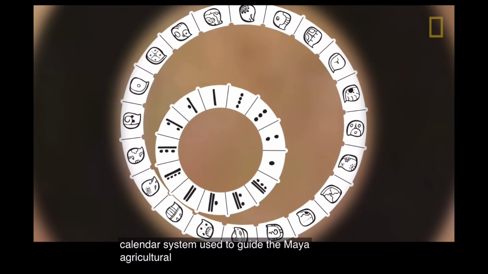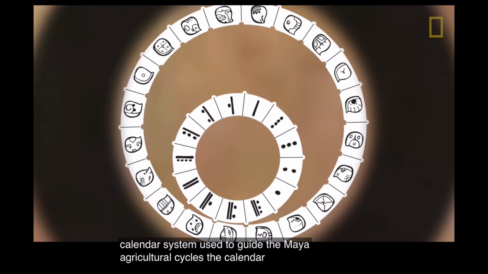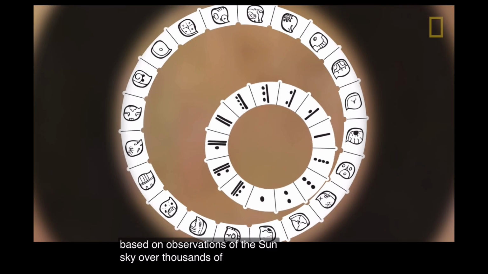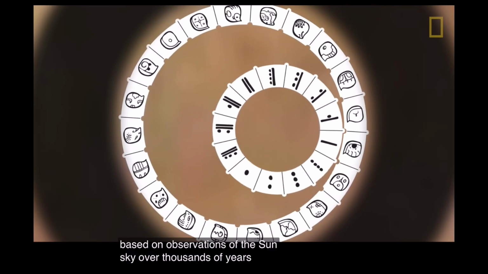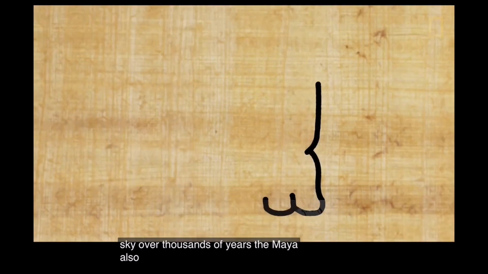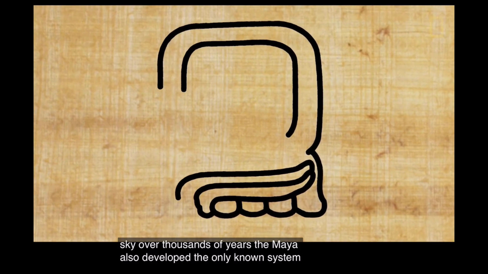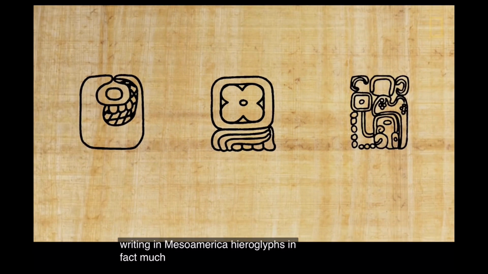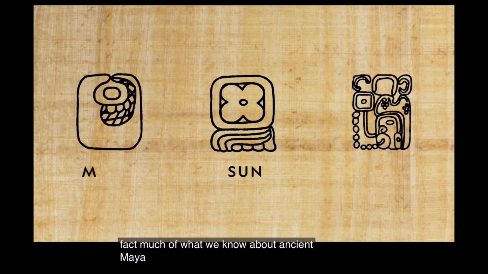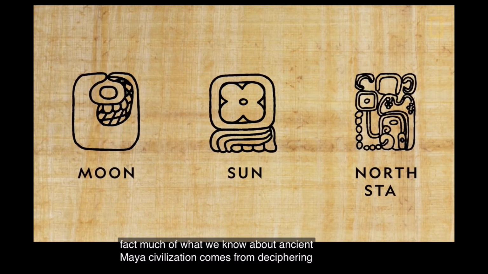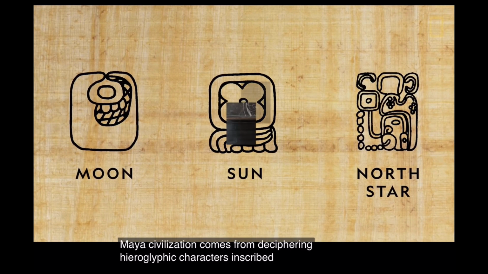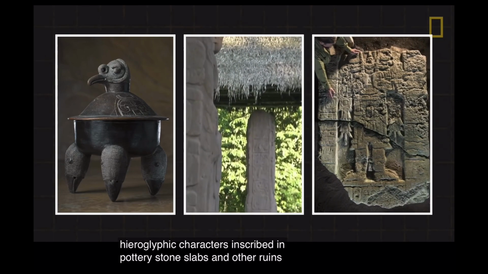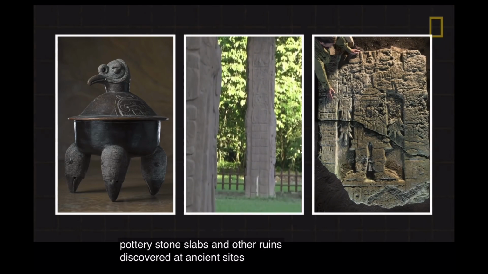Used to guide the Maya agricultural cycles, the calendar was based on observations of the sun and sky over thousands of years. The Maya also developed the only known system of writing in Mesoamerica, hieroglyphs. In fact, much of what we know about ancient Maya civilization comes from deciphering hieroglyphic characters inscribed in pottery, stone slabs, and other ruins discovered at ancient sites.